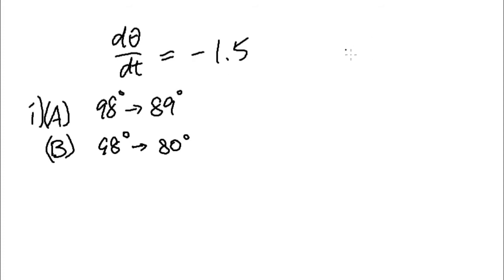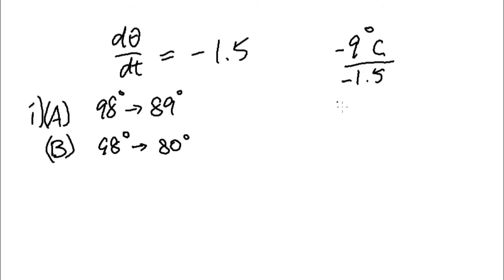So the change on the first one is just 9 degrees Celsius, and I should have written Celsius, but I am lazy, so I didn't. So 9 degrees Celsius divided by every change of 1.5, and technically it is 89 minus 98, which is a minus 9, divided by the gradient, which is minus 1.5.